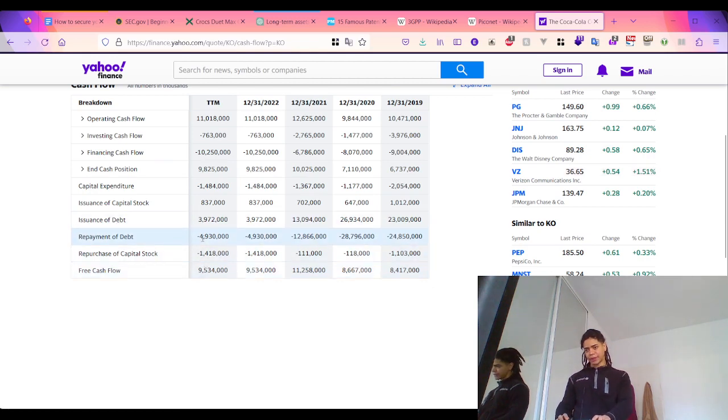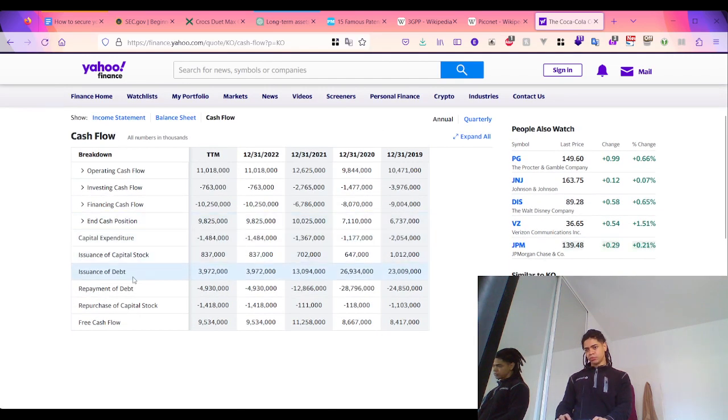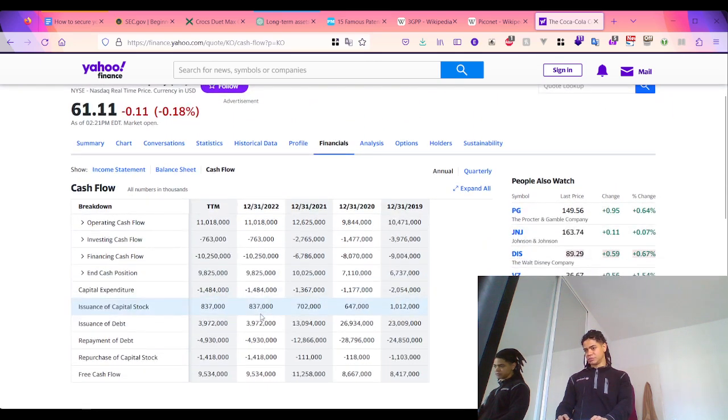repayment of debt, issuance of debt, issuance of capital stock. So if a company is constantly issuing debt, or taking out debt, issuing capital stock and issuing debt, that's not a good sign of an investment.